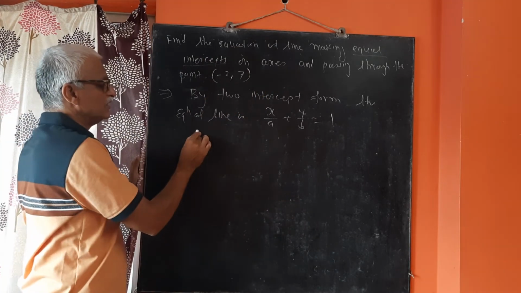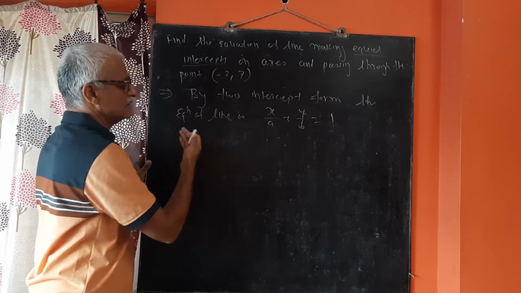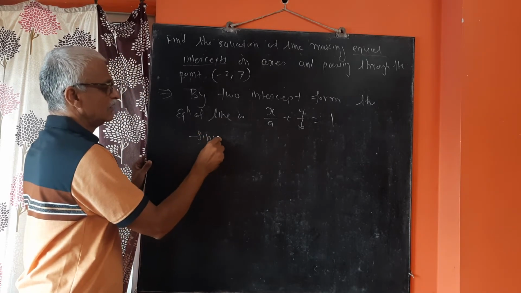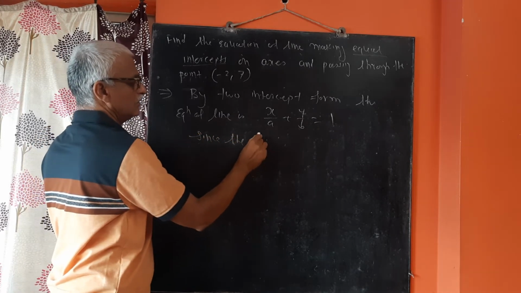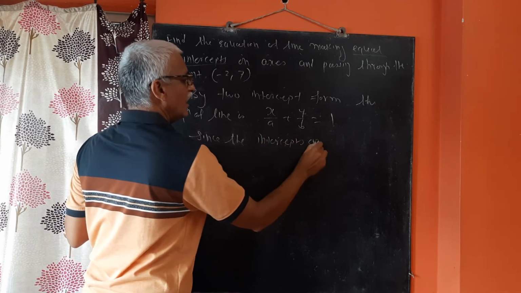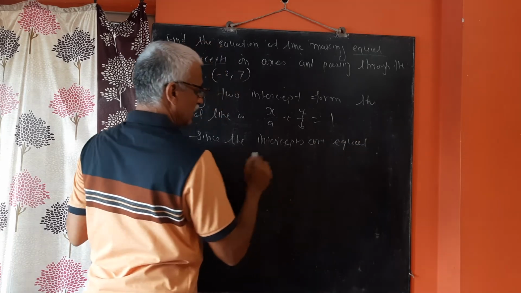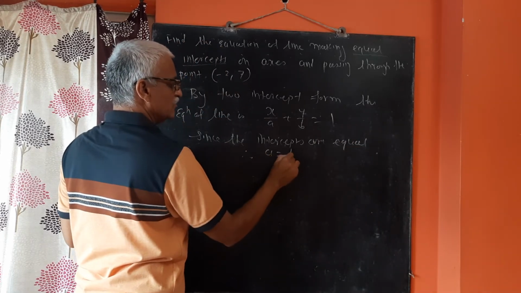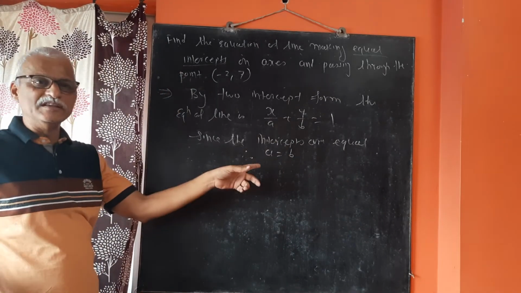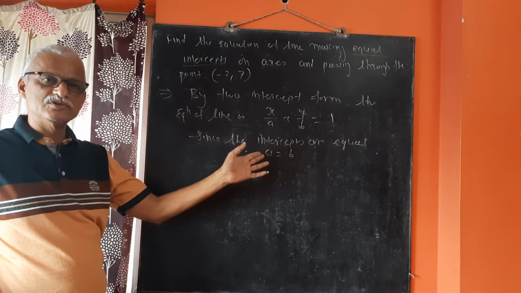So by the given condition, since the intercepts are equal, therefore a is equals to b. You may consider a equals to b, or we can consider b is equals to a.